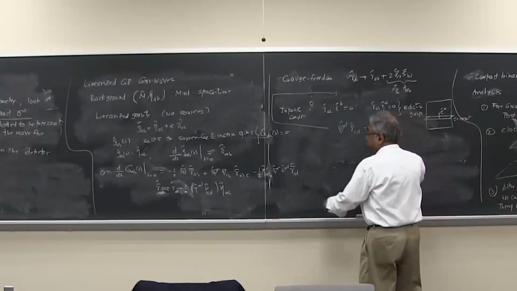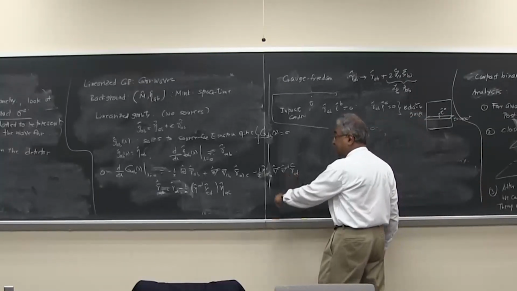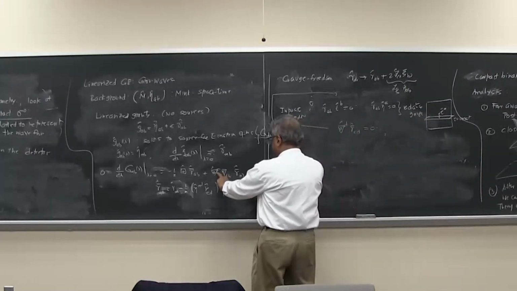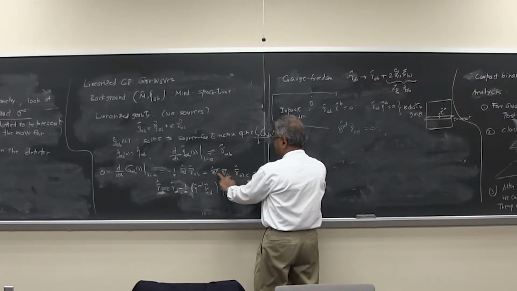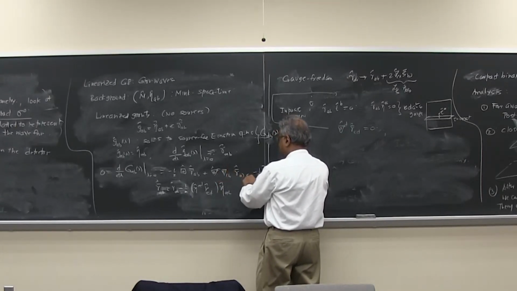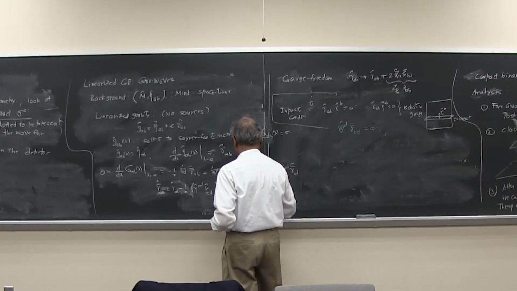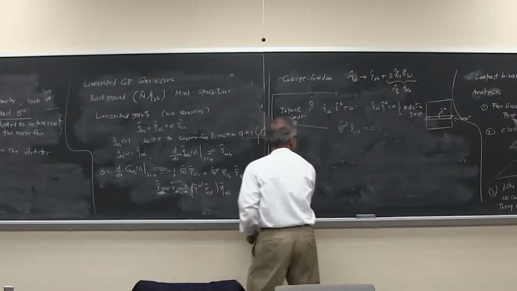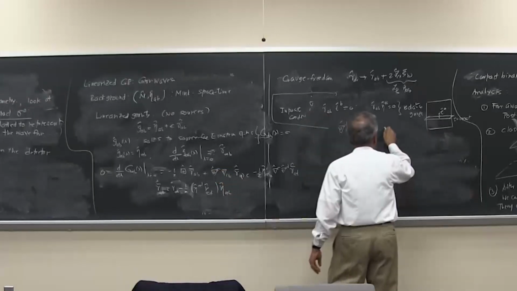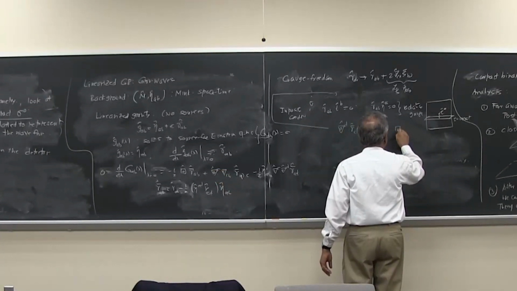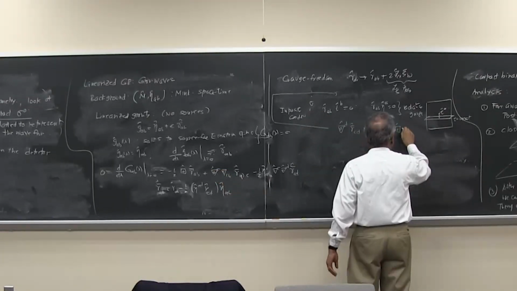With this Lorentz gauge condition, this term disappears. This term disappears because it's a flat derivative operator. It comes in and kills this. So I don't get anything here, and I don't get it here. So I'm only then left with this 1/2 term. I'm just left with the equation, which is the wave equation.